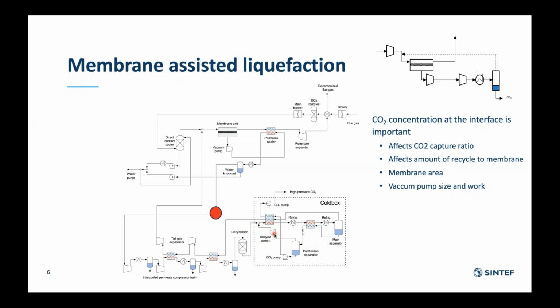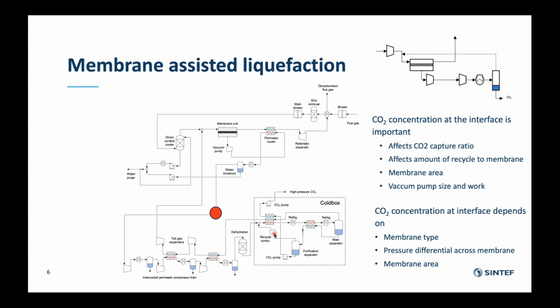What affects the CO2 concentration is the type of membrane, the pressure differential across the membrane, and the membrane area. Among all these factors, the most important is the membrane type, because based on the membrane type, you can then fix the partial pressure difference and the membrane area. So the membrane type is very important for ensuring a system with very high performance.